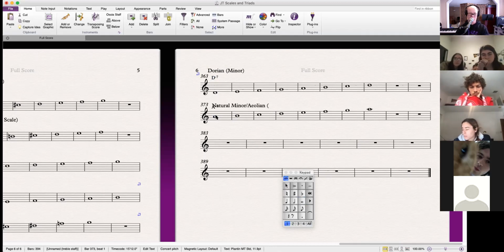We do use that Aeolian term a lot. And this belongs to the minor family of scales, chord scales.